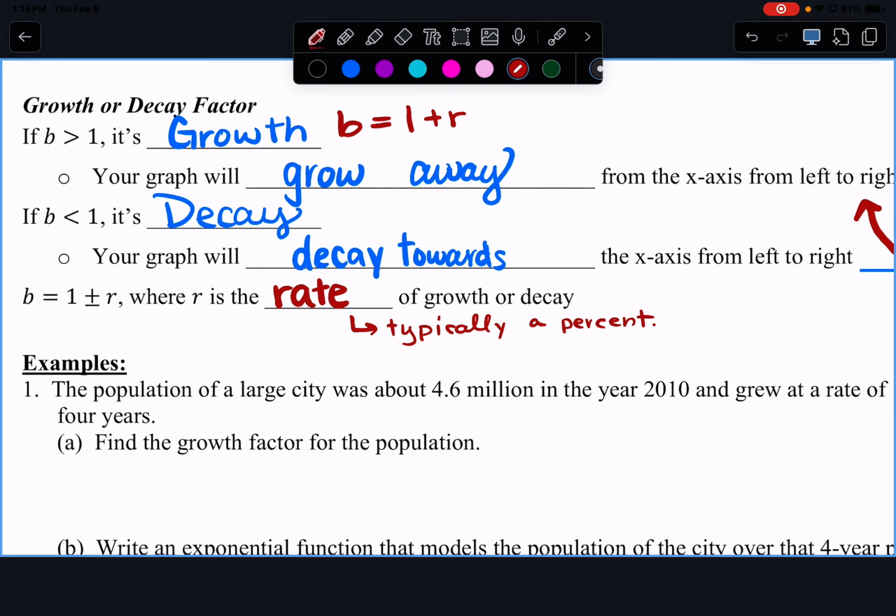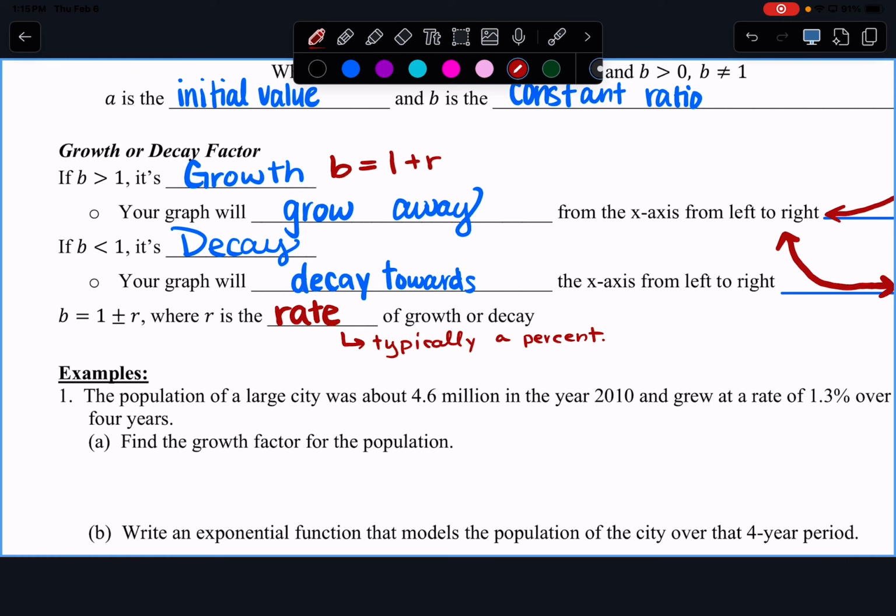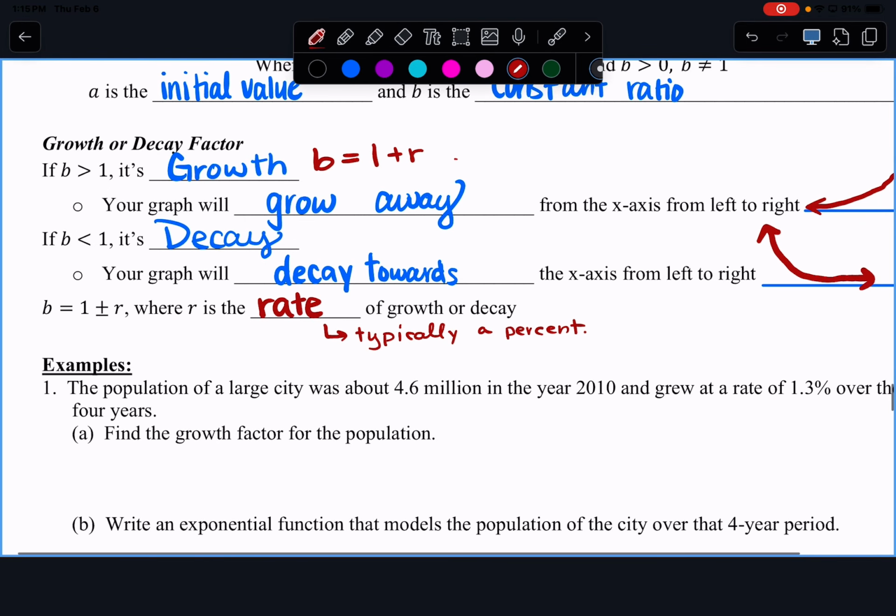So we're looking at the function f of x is equal to a times 1 plus r, to the x.